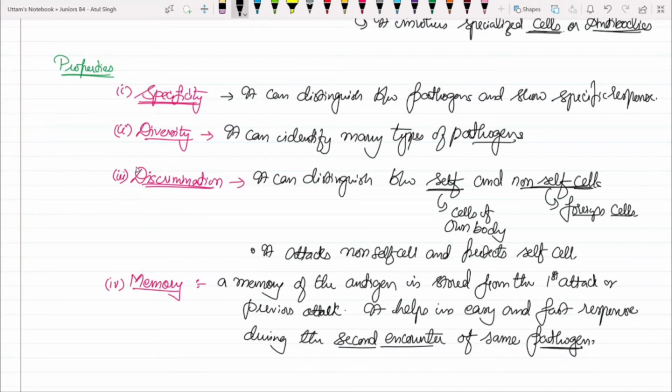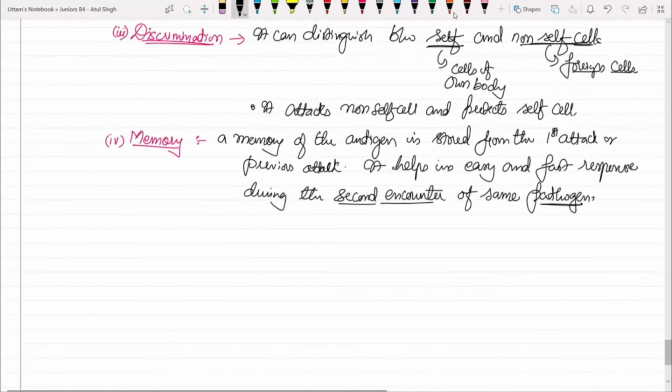Remember till here, right? It can show a very easy response, very fast response and higher response during the second time. So based upon the response, you have two different types of responses: primary response and secondary response.